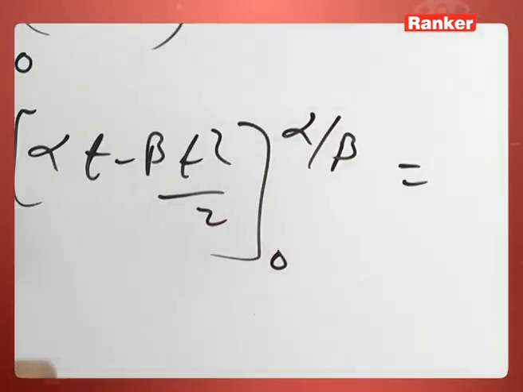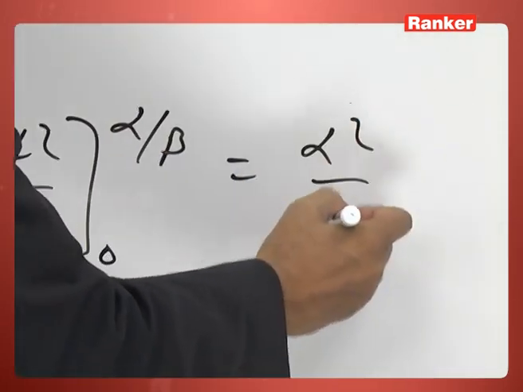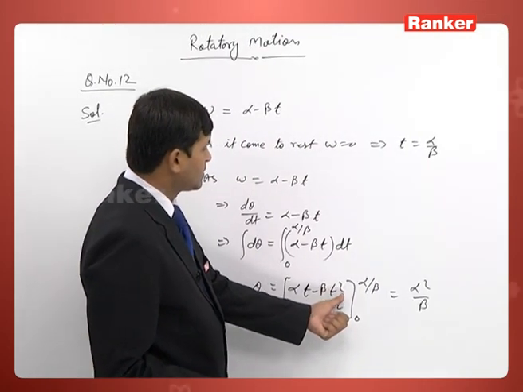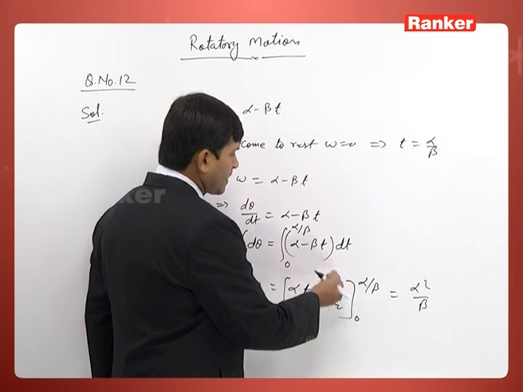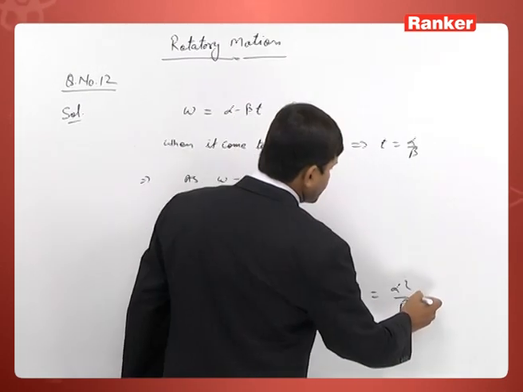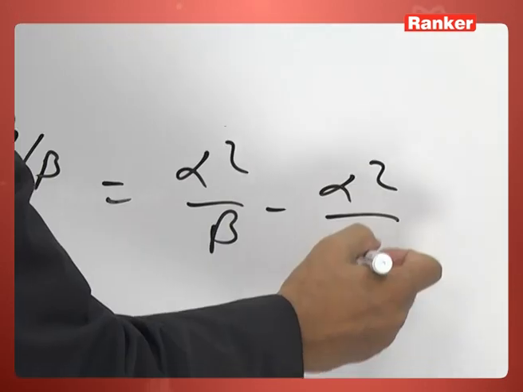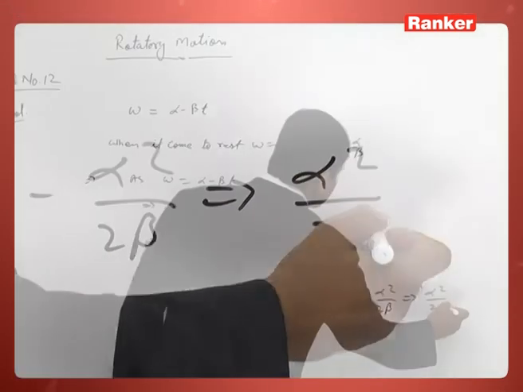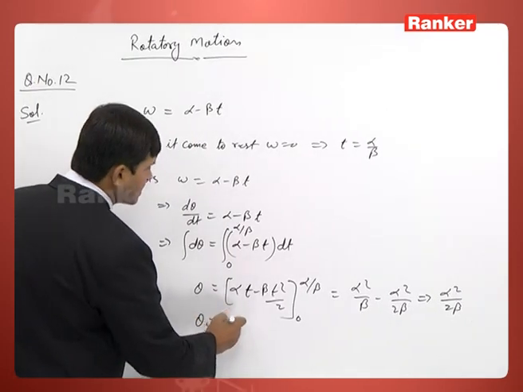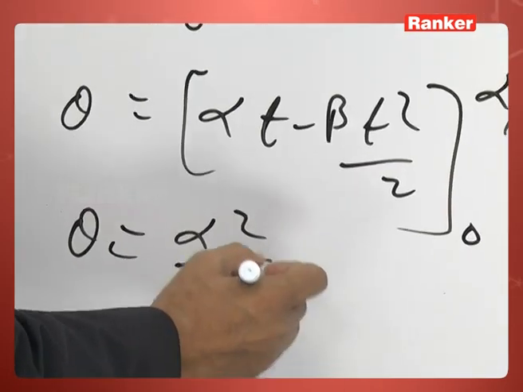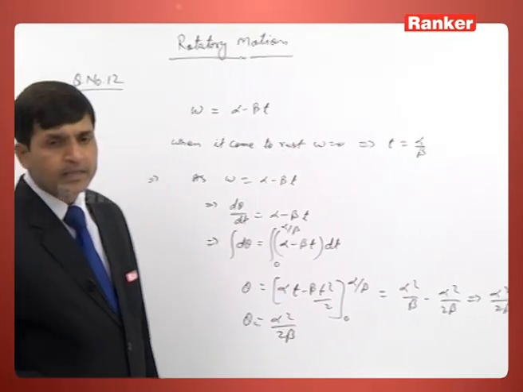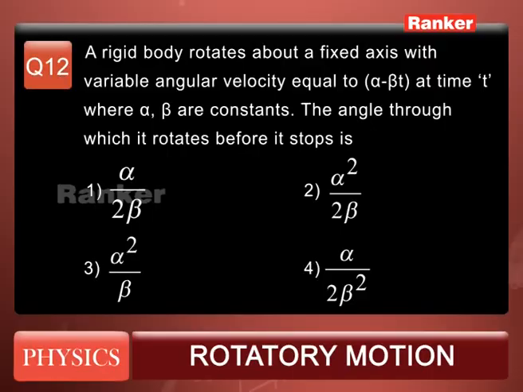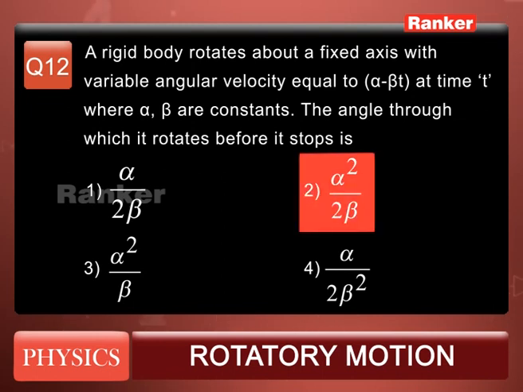Now simplify: alpha square by beta minus alpha square by 2 beta. So finally the answer is alpha square by 2 beta. So theta is equal to alpha square by 2 beta, and our correct option is option number 2. So answer 2 is the correct answer.